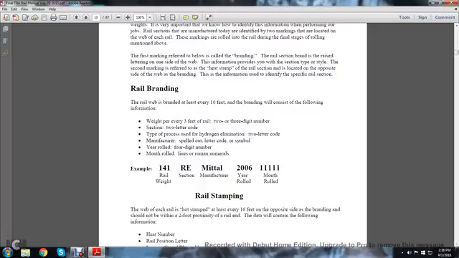So first you have the rail weight for 3 feet, and then you have the 2-letter code, and then the type, the manufacturer, process with hydrogen elimination, the year, and the month rolled in Roman numerals.